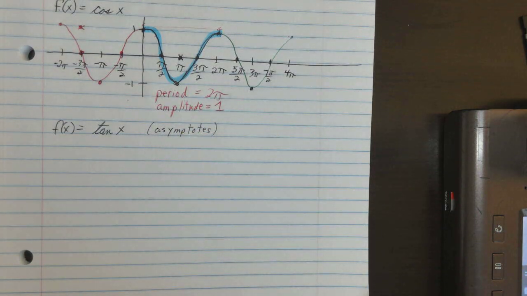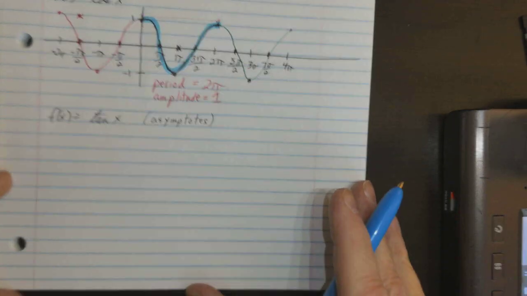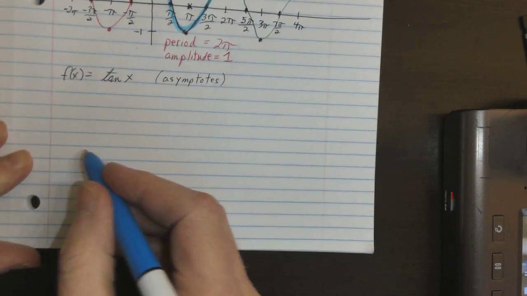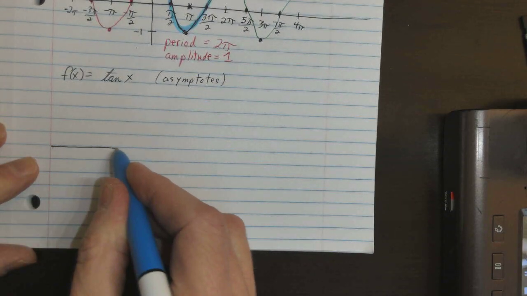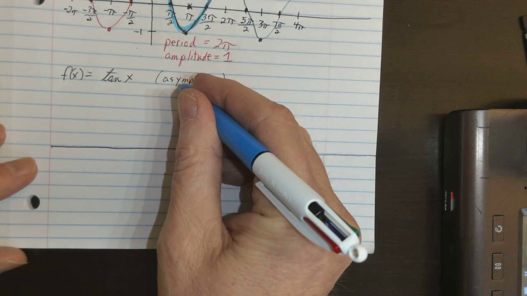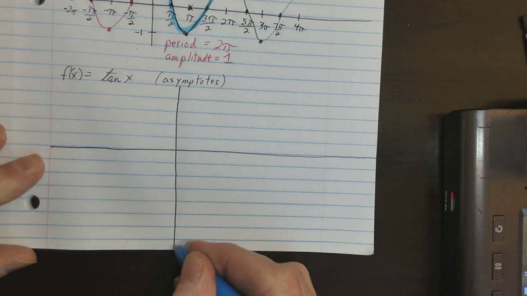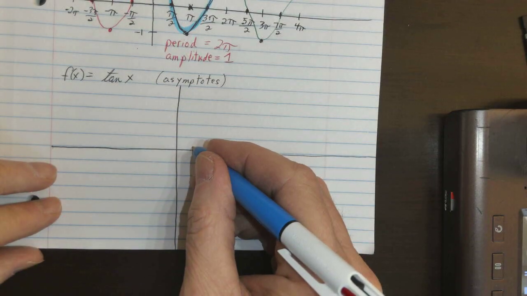That means there's part of the graph that will not be touched, and will be approached but not touched. So I'm going to draw this out a little more here. And this time I'm going to scale it a little differently.